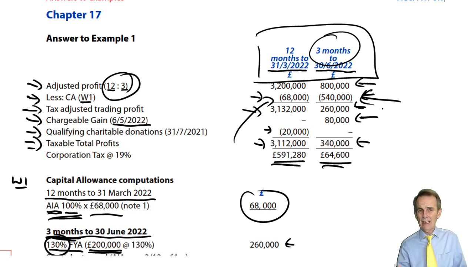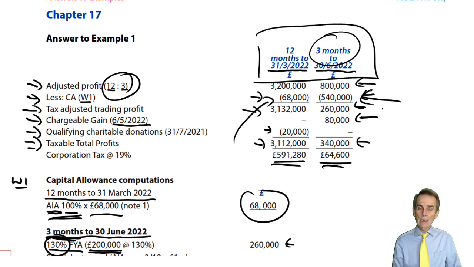If you have property income or interest income, then we work that on an accruals basis. What was accrued in the 12-month period, what was accrued in the 3-month period. Take away the donations on a paid basis, get your TTP and tax at your standard rate of 19%, and you have your corporation tax liabilities computed.